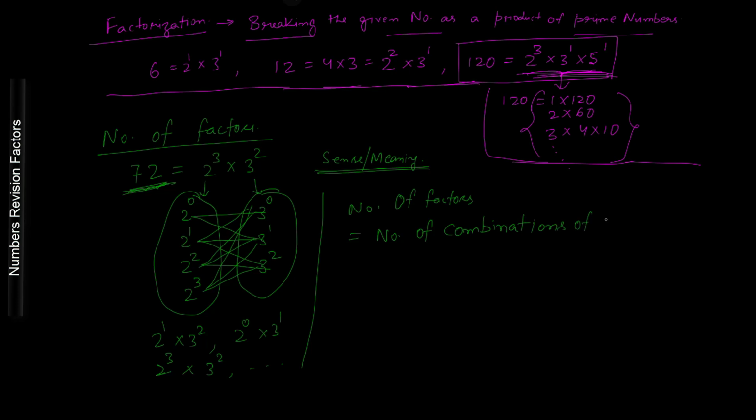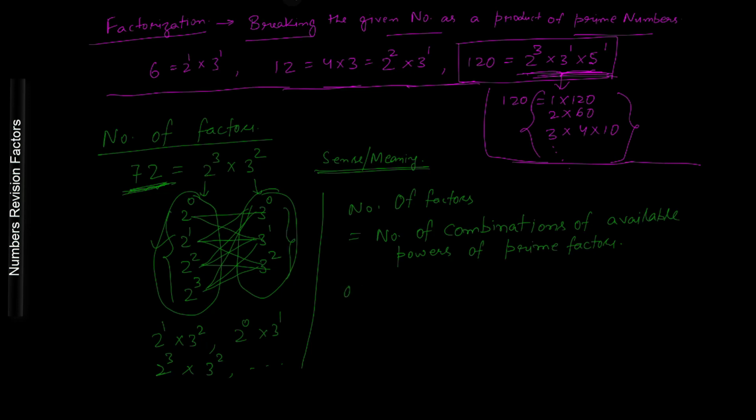Combinations of available powers, right? Available powers of prime factors. For example, in this 72, the available powers of prime factors for 2, these are the 4 available powers. For 3, these are the 3 available powers.